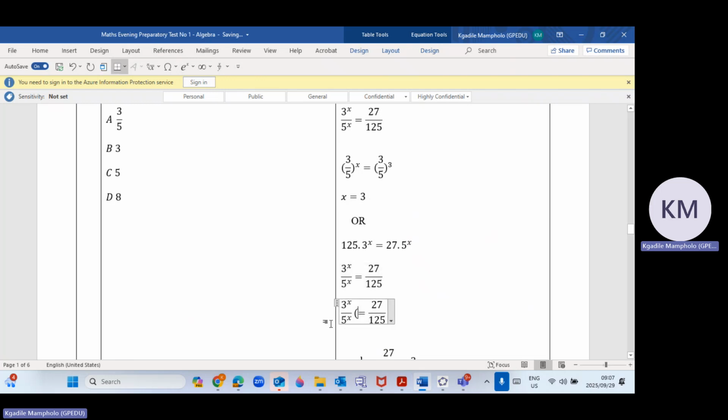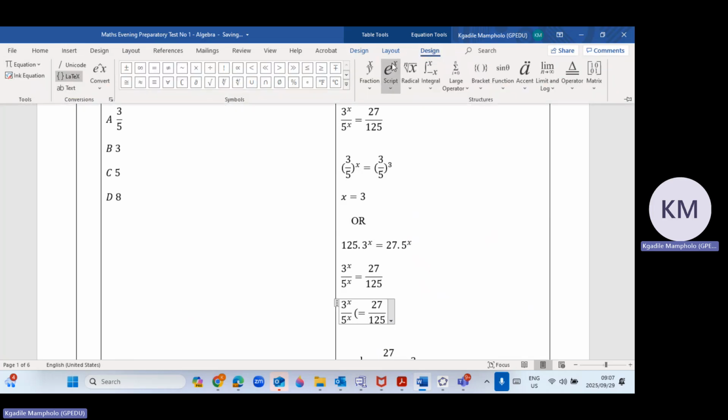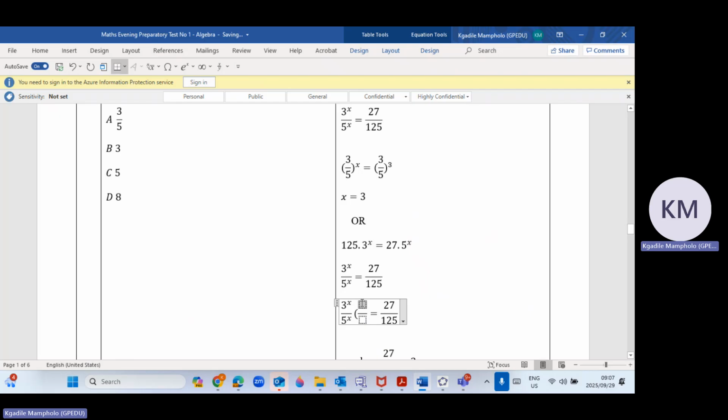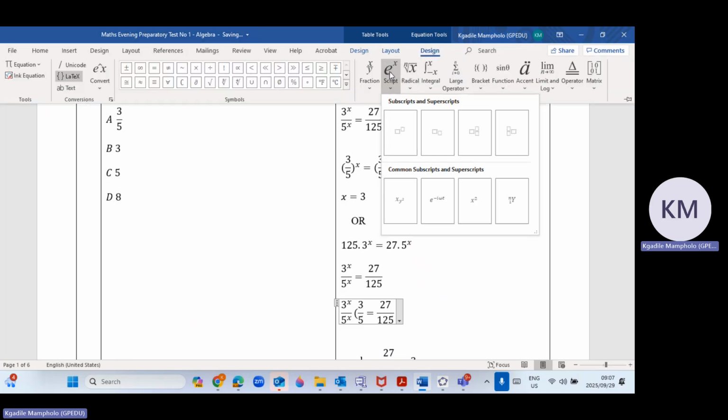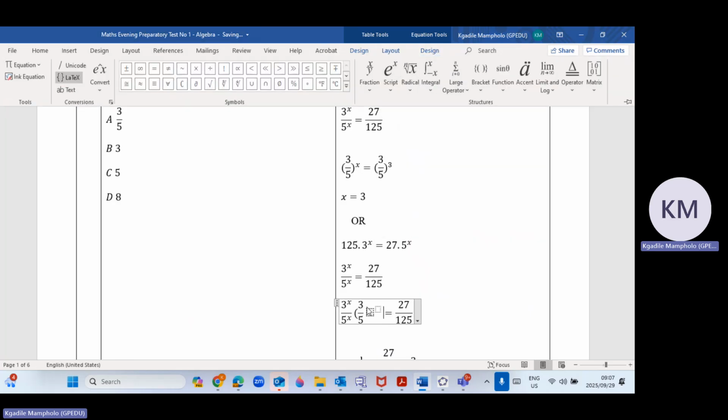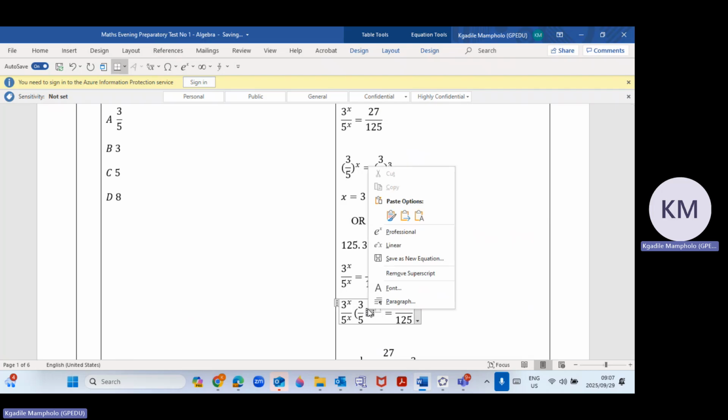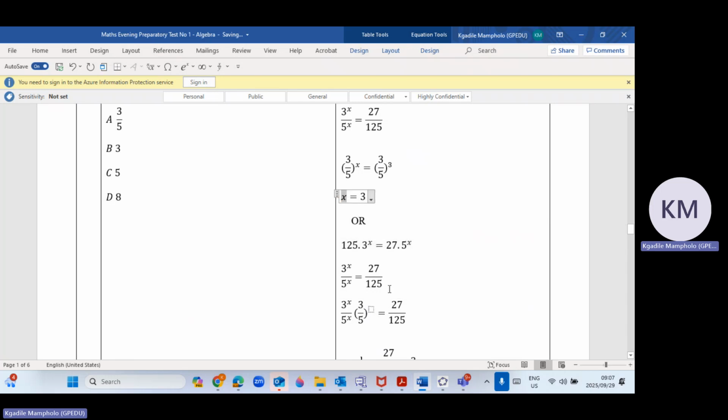Here you'll have, sorry, 3 over 5. I mean to say 3 over 5. Then you'll have 3 over 5 all to the power x.